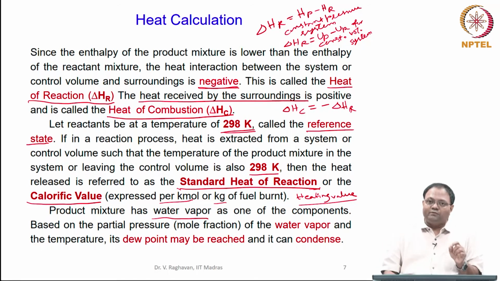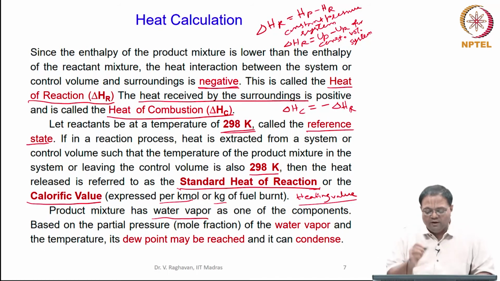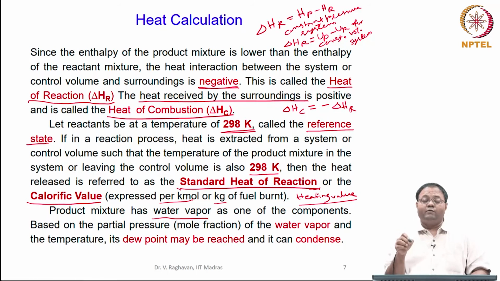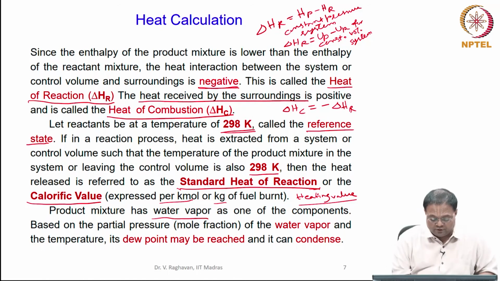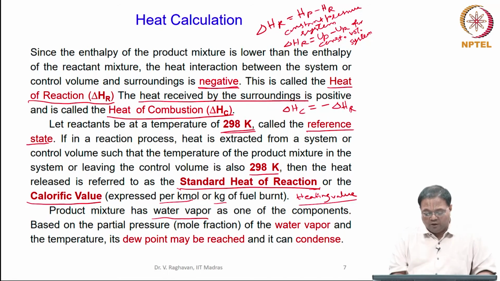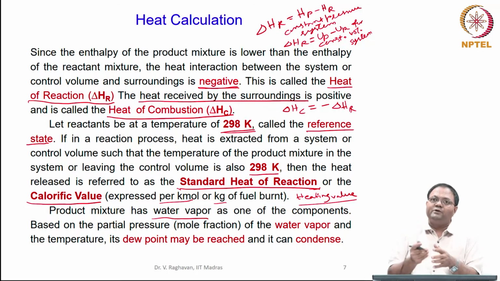So that means we have two scenarios now. If none of the water is condensed, or if all the water condenses, what will be the heat of reaction? Standard heat of reaction, again, I am trying to cool the product to 298 Kelvin, supplying reactants at 298 Kelvin. The product is a mixture containing water vapor.